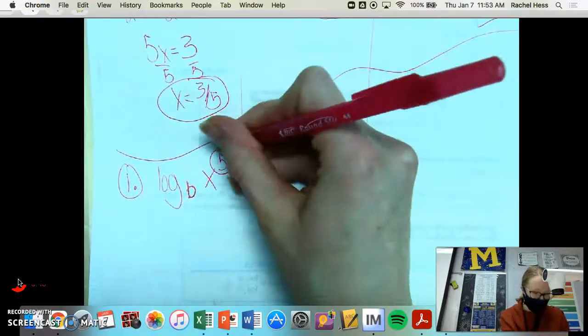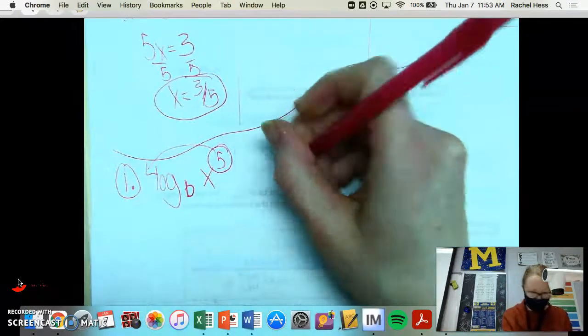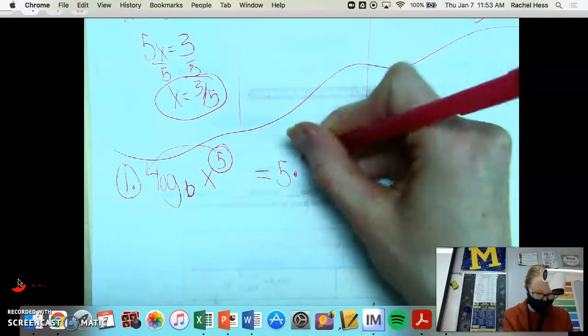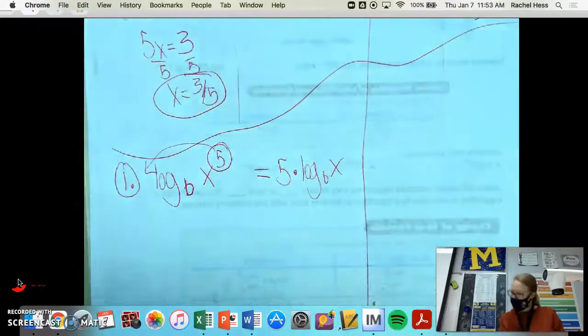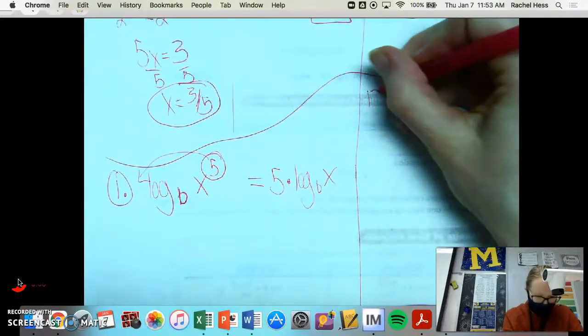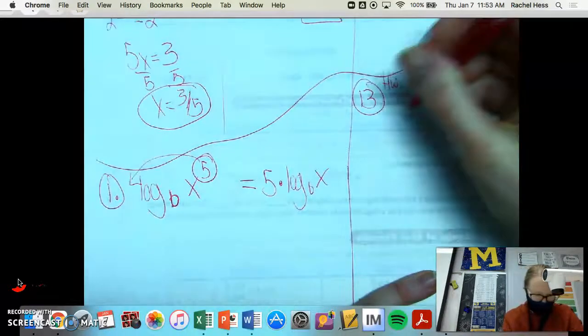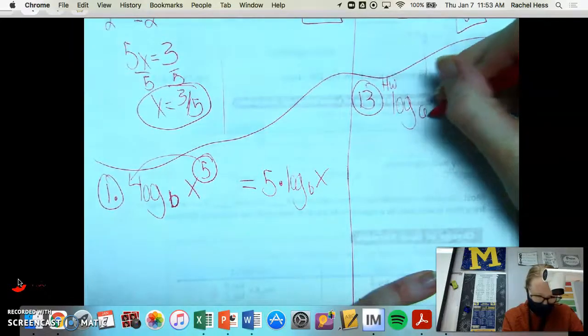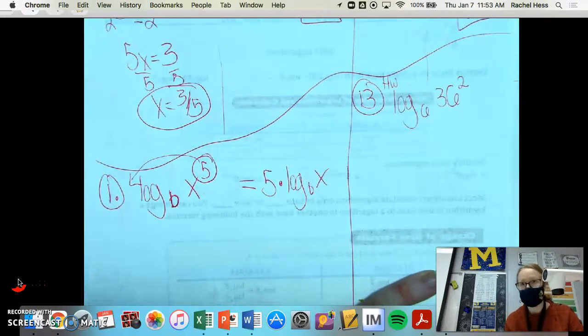But what we can do is take that 5 and move it out front. So this is another property of logarithms that we're going to talk about. So 5 times log base b of x. And this is going to be helpful for questions like number 13. I think it's number 13 on your homework. So you're going to see a question like log base 6 of 36 squared. If you were to actually try to expand out 36 squared, you'd get something in the thousands, and that would make your problem really confusing.